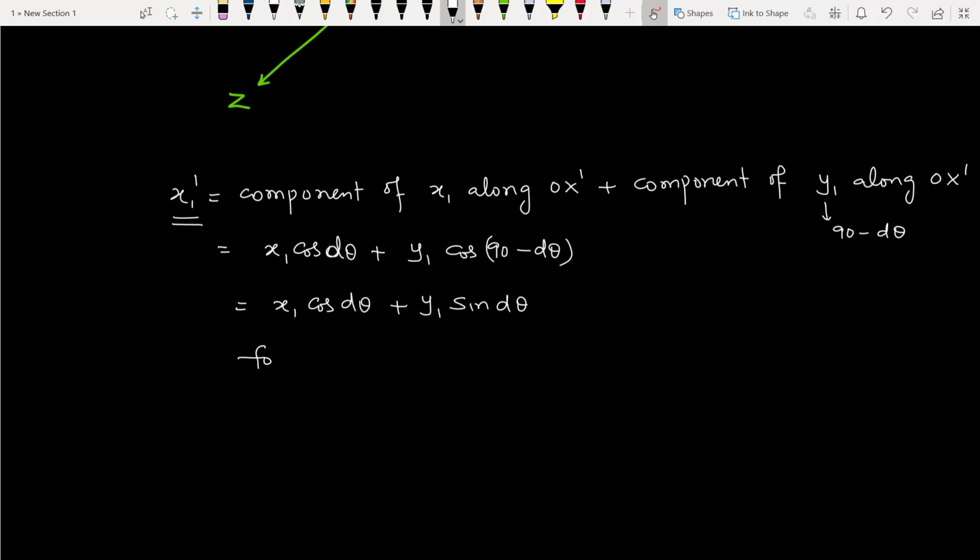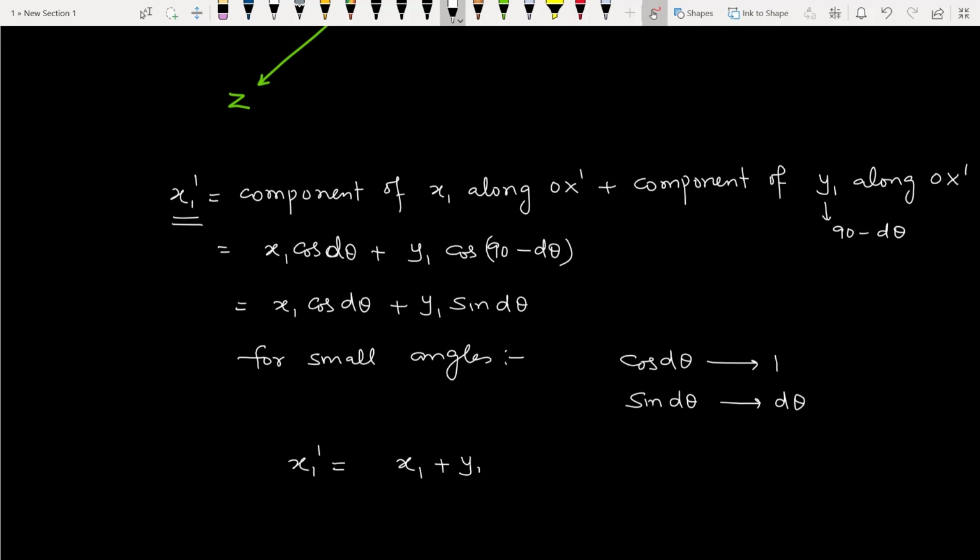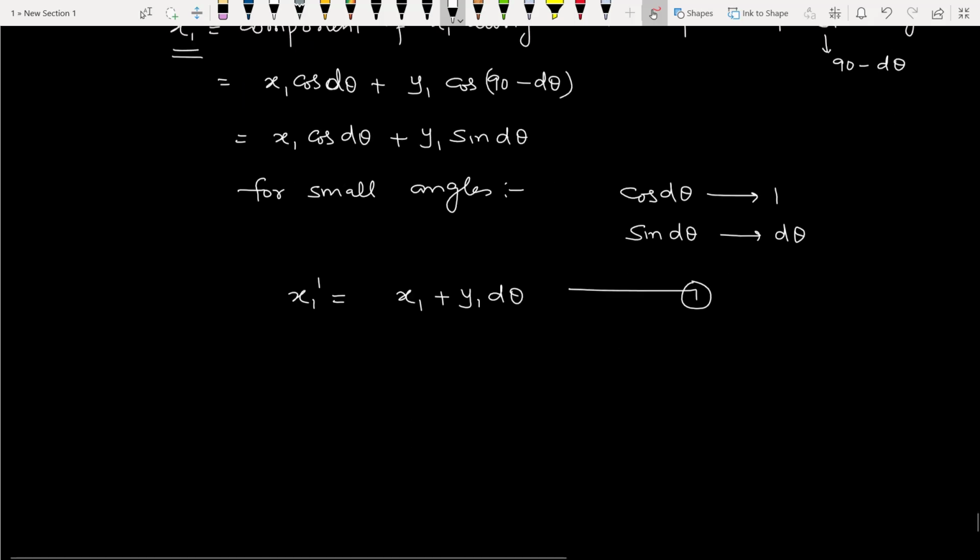So for small angles, this is simple mathematics, we have used it many times before, cos d theta is 1 and sine d theta is d theta. So x1 dash will be x1 plus y1 d theta. We mark this as equation number 1.